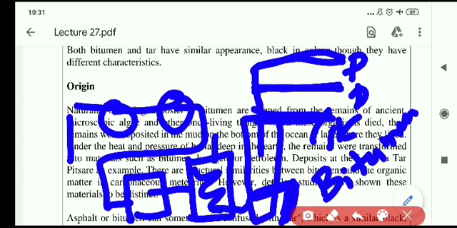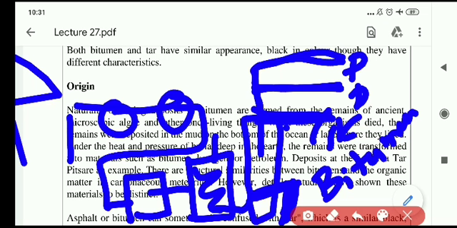Because of the higher temperature, the volatile materials from the crude oil evaporate without changing their chemical properties. They are collected separately, and at the last some heavier material is collected. That heavier material is known as bitumen.